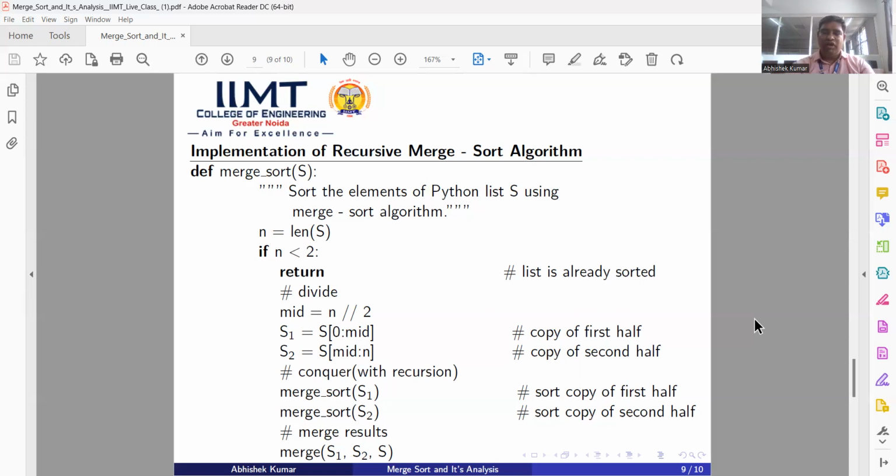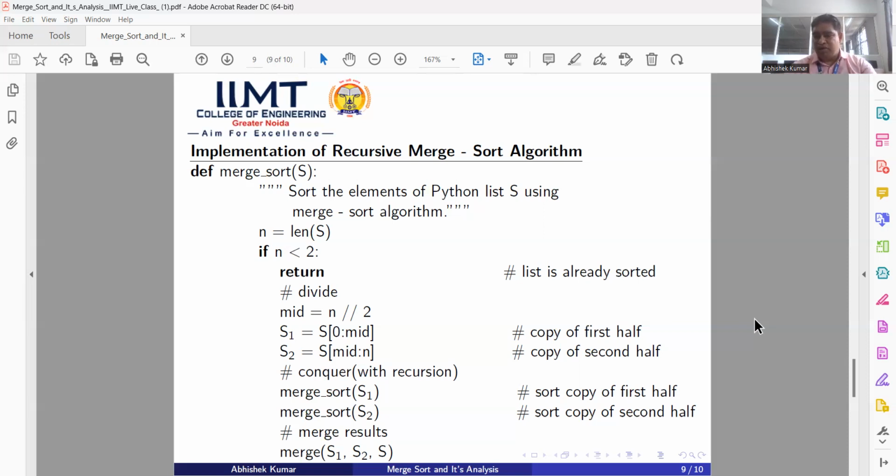As all of you who are familiar with the Python programming language know, there are 2 different division operations: one is called integer division, and one is float division. Here I am using integer division, that means n // 2. In the case of integer division, it will always give an integer value, not a fraction value.